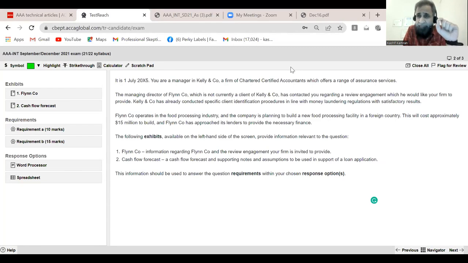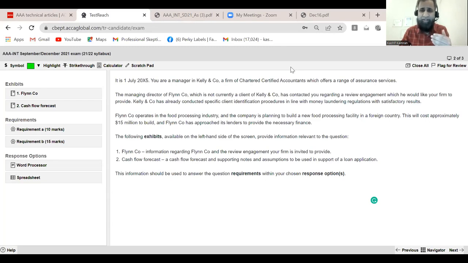Secondly, spreadsheets. In the AAA paper, if you are calculating materiality, we even found some trends and calculations yesterday on day 2. All those calculations were done on the calculator and put directly on the briefing note. There is no need to spend time on a spreadsheet unnecessarily.